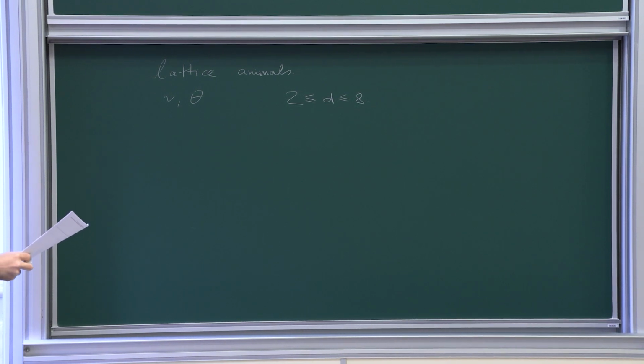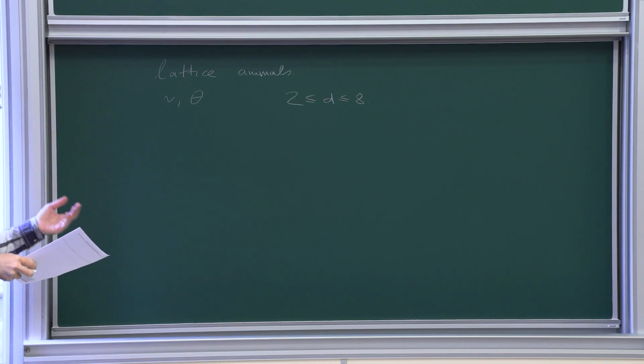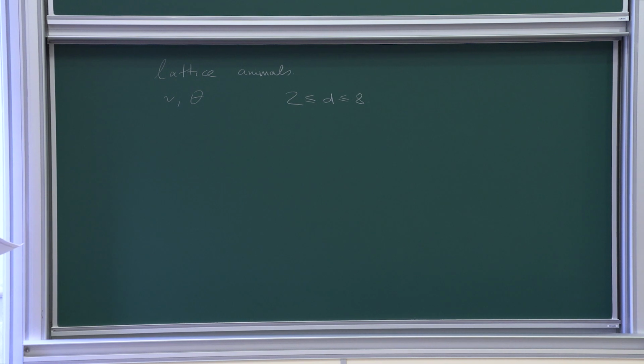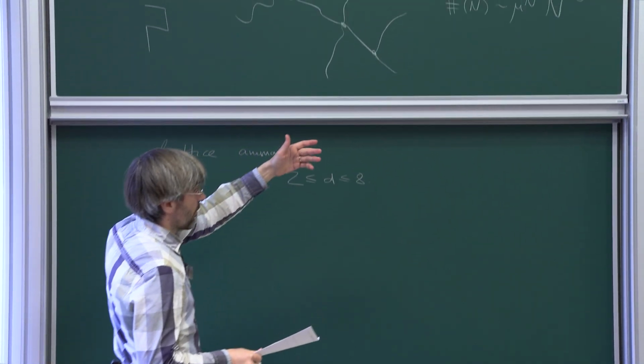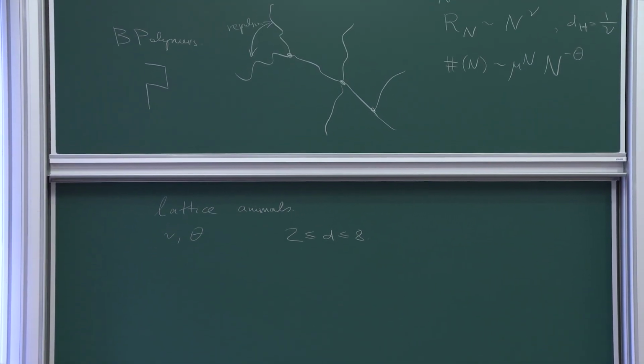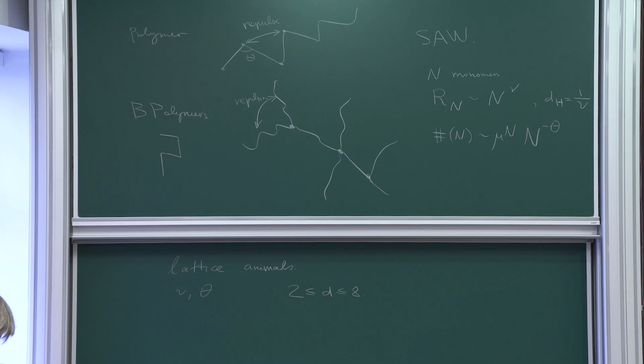Now, why am I telling all this? So far, this problem has really nothing to do with the random field Ising model, because there is no disorder, there is some geometry involved, while for the random field Ising model, there was statistics and disorder.